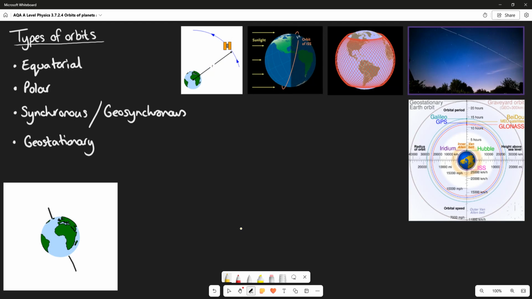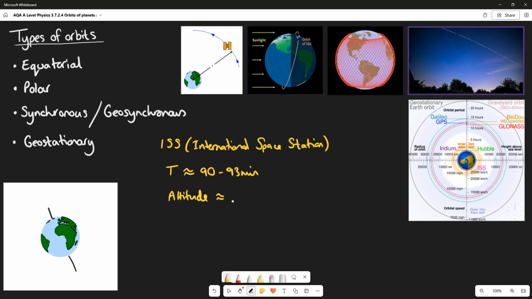One very famous orbiting body is that of the International Space Station, or the ISS. It has an orbital period of approximately 90 to 93 minutes, and it is in a low Earth orbit at an altitude of approximately 400 kilometers.